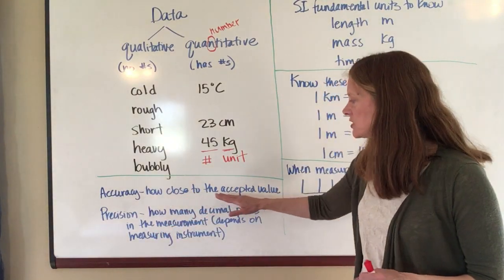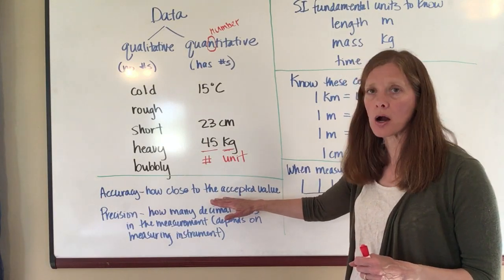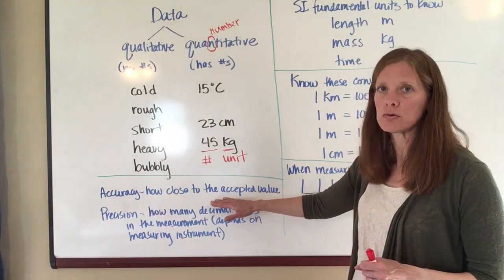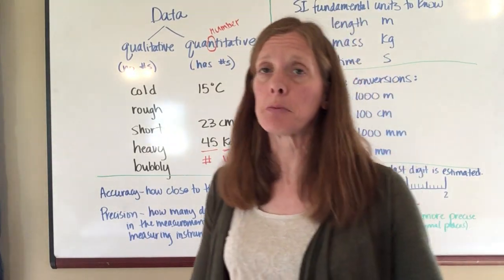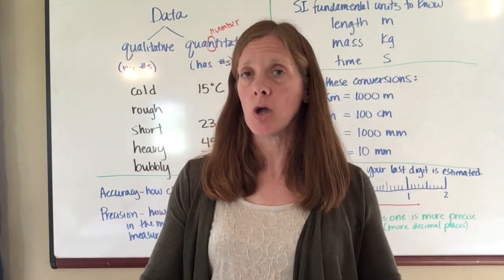First of all, accuracy is how close you are to the accepted value. So, for example, a football field for American football is 100 yards long.